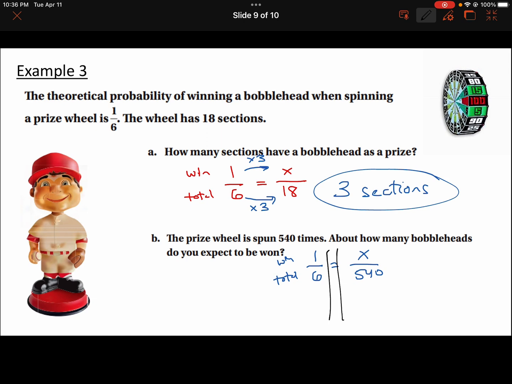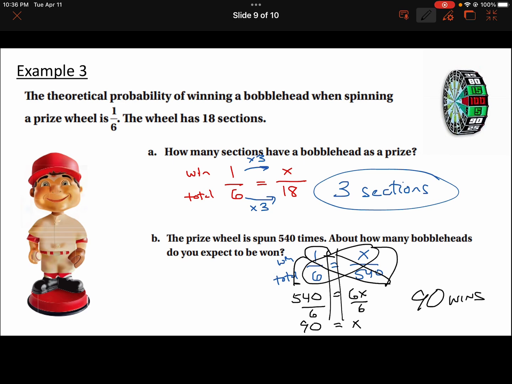Well, this is where we can go ahead and use Jimmy Neutron. So in case you have forgotten, we'll do it once here. So this is 540. This is 6x. We're going to divide both sides by 6, and that's going to give me 90 wins. So this is going to be 90 wins in this case.